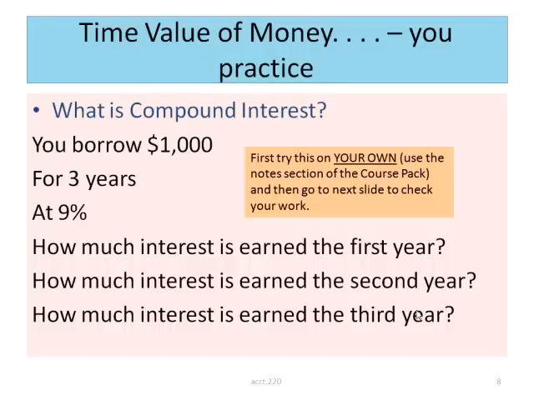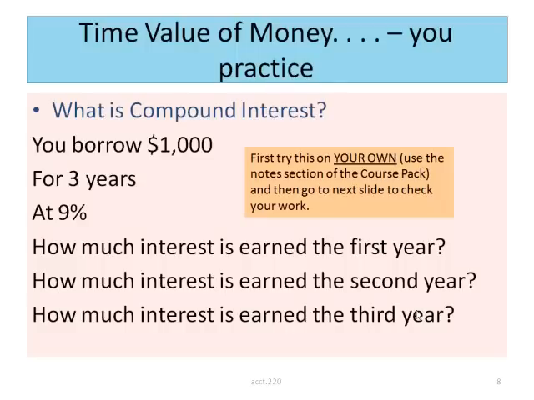And compound interest assumes that you are not paying the money back each year. Nor are you paying the interest each year, but the interest is growing. So you borrow $1,000 for 3 years at 9%, and you would say, how much do we owe at the end of the first year? Well, of course, that would still be $90 for the first year.